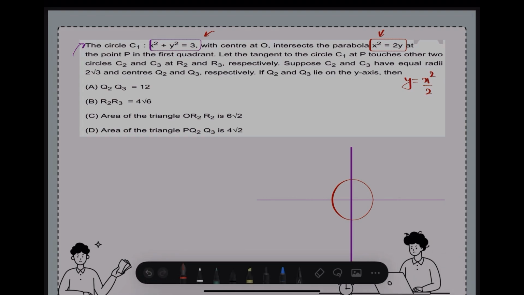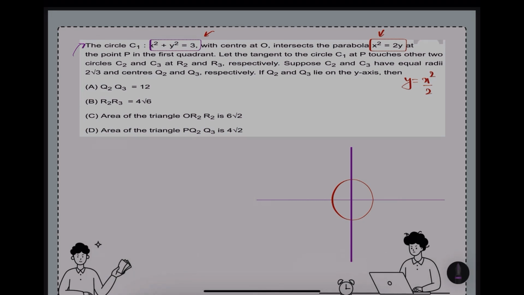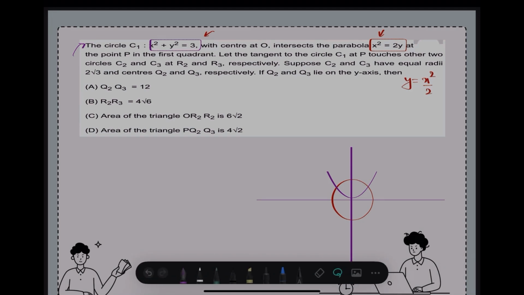So it will be an upper opening parabola, which will pass through the origin. So your parabola is passing through the origin.